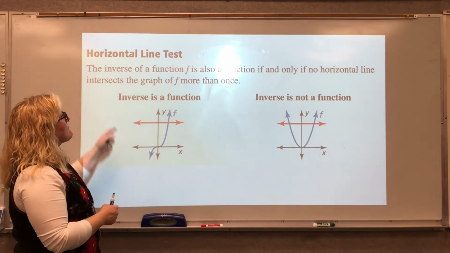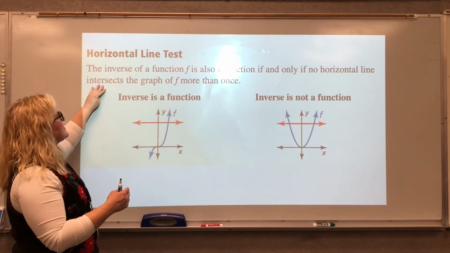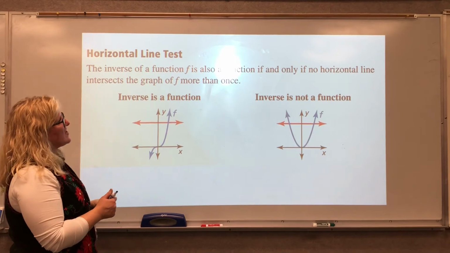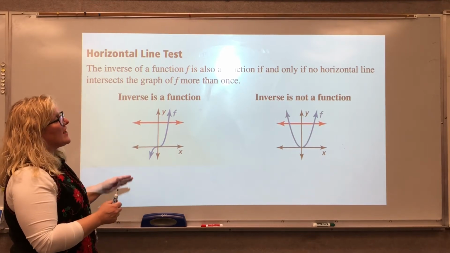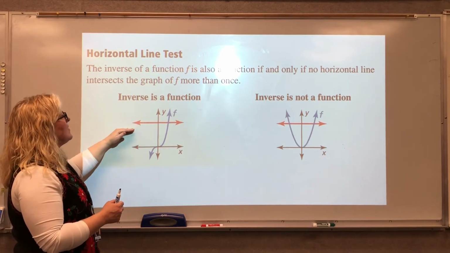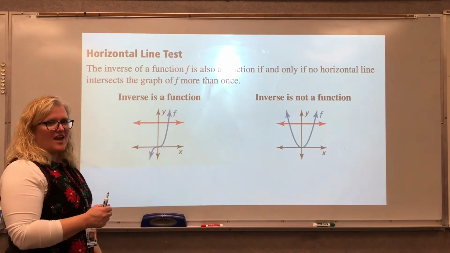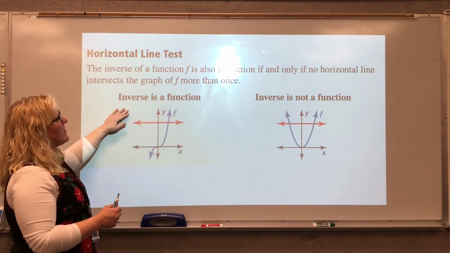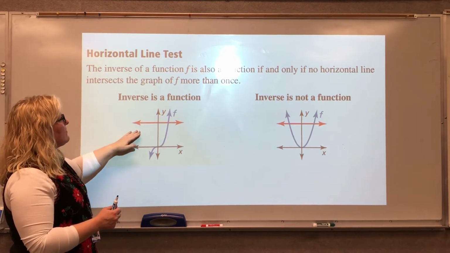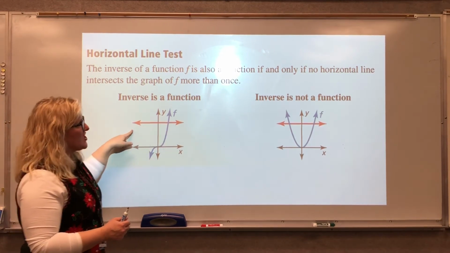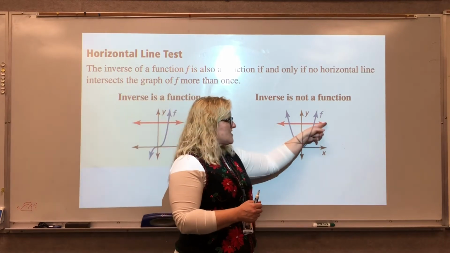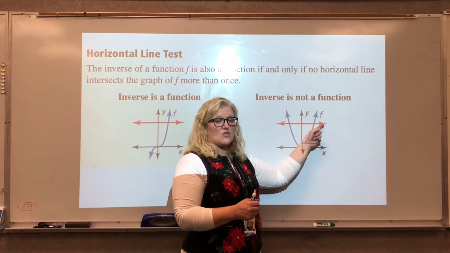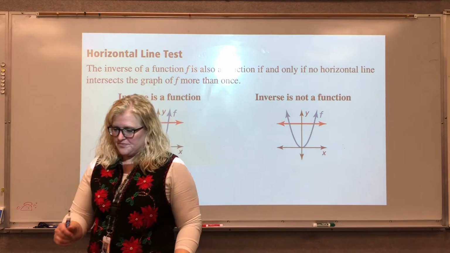Reading this, it says the inverse of a function f is also a function if and only if no horizontal line intersects the graph of f more than once. So the inverse is a function. The inverse of this is not a function because it doesn't pass the horizontal line test.